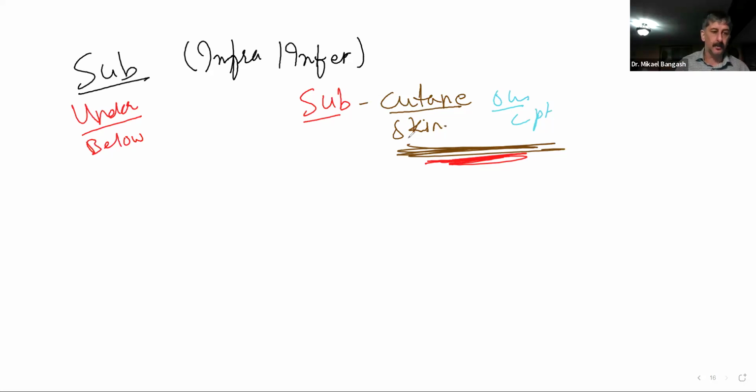Okay. So usually, guys, for instance, if a substance or a drug is injected underneath the skin, that will be what we can call a subcutaneous injection. Now, an example of subcutaneous injections would be something like insulin.